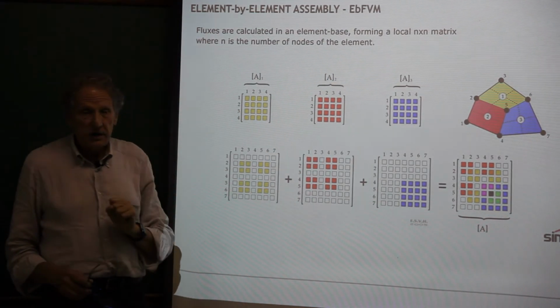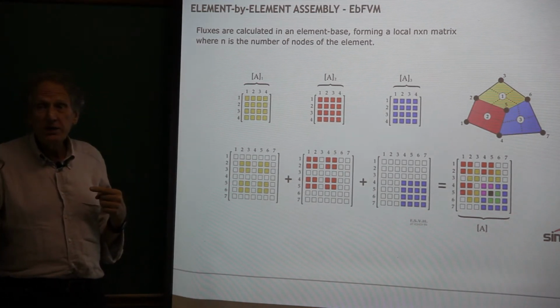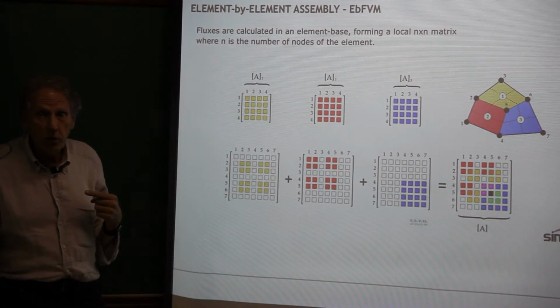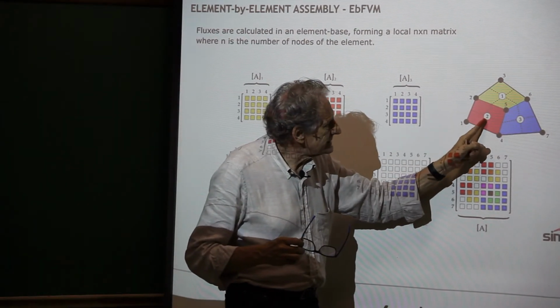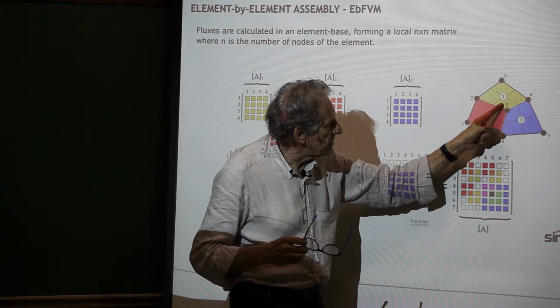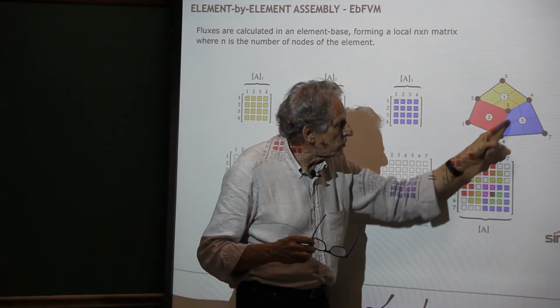local matrices. Now I'm going to build, let's say, the conservation equation for the control volume 5. This one uses this part of the element, this part, and this part for this control volume.